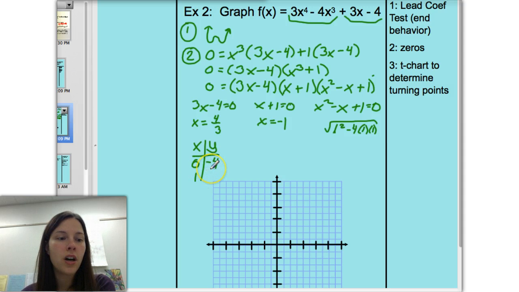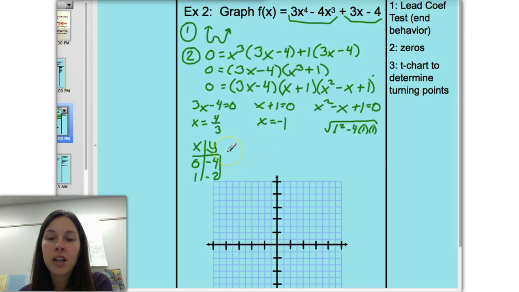And substituting 1 in, you get -2 for y. So notice, sorry, I'm still getting used to this tablet. Notice that from the -1, 0, our graph went down to -4, and then it started to come back up. So actually this one right here is our turning point.